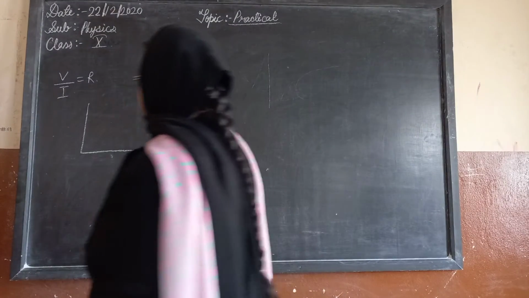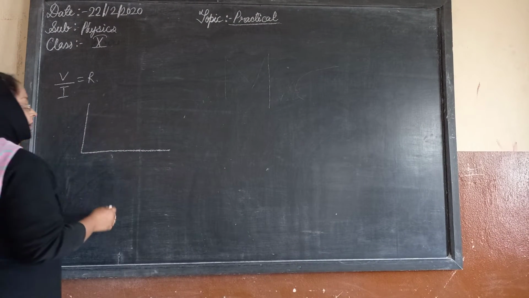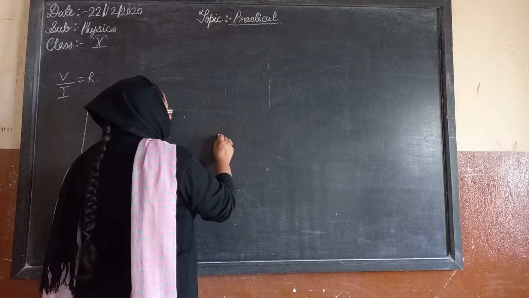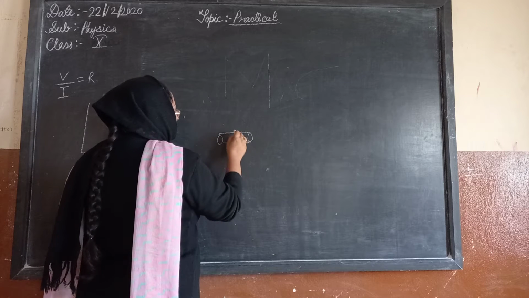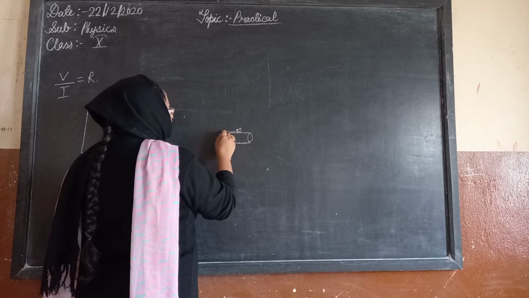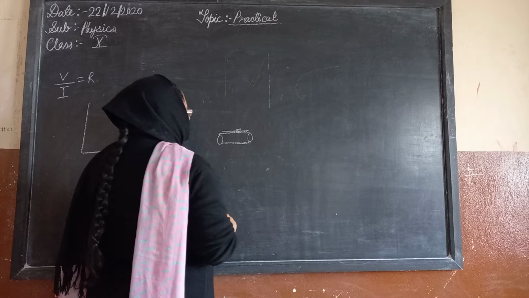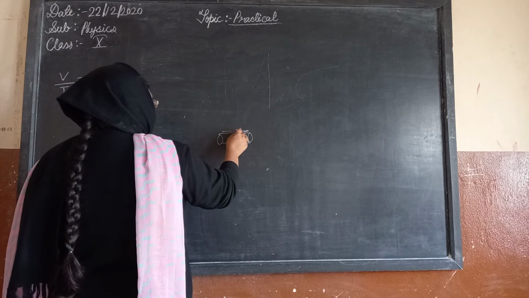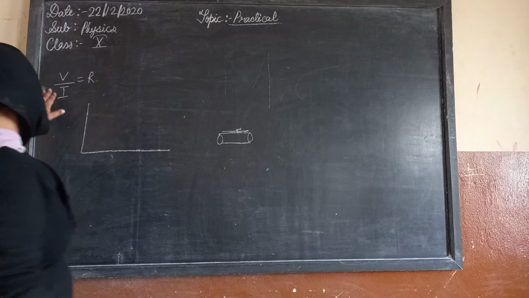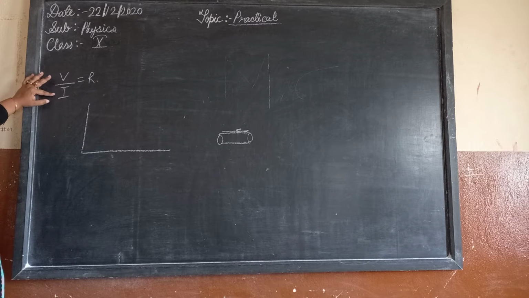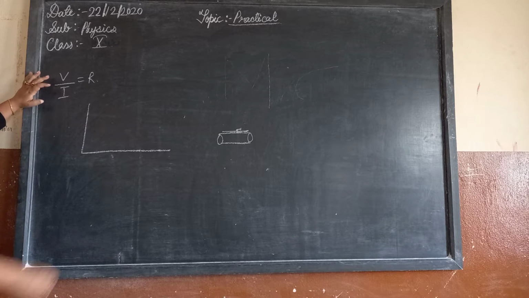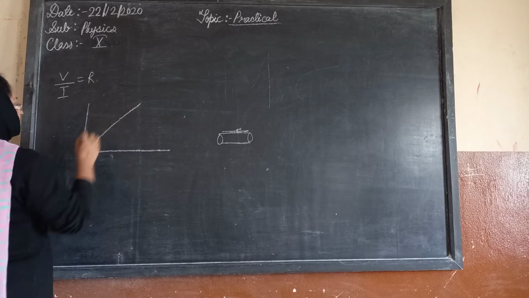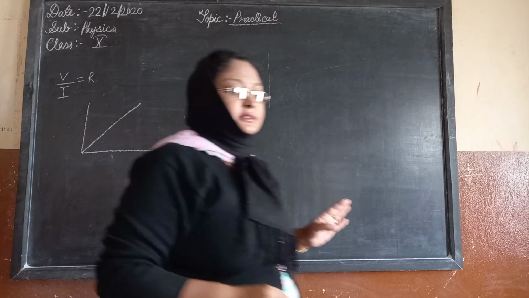When we increase or decrease the rheostat value, moving this particular thing from here to here, you have to see this value of I and V. If I is increasing, V will be increasing, if I is decreasing, V will be decreasing.